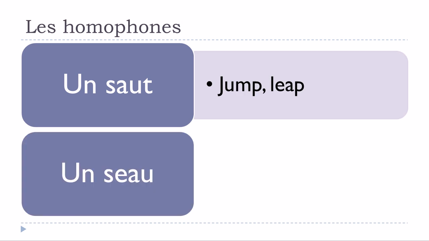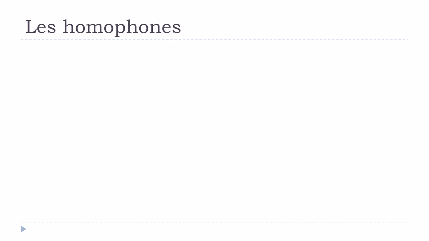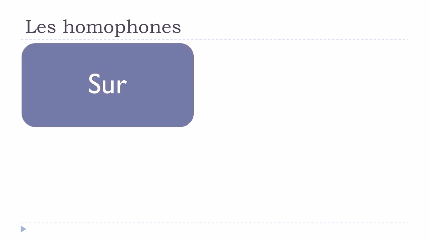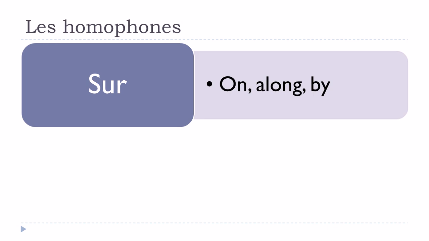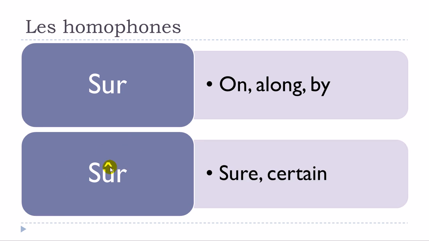Okay, so un seau, and then the same way, un seau. Sûr. Okay, even if you get this accent circonflexe, you don't pronounce it, so you get the same pronunciation, sûr and sûr.